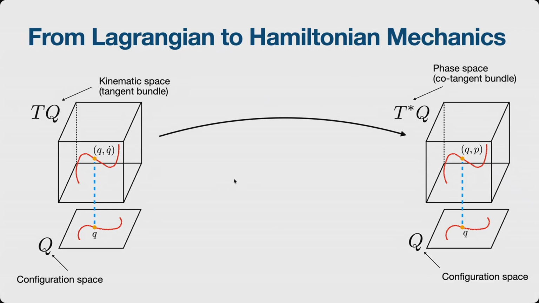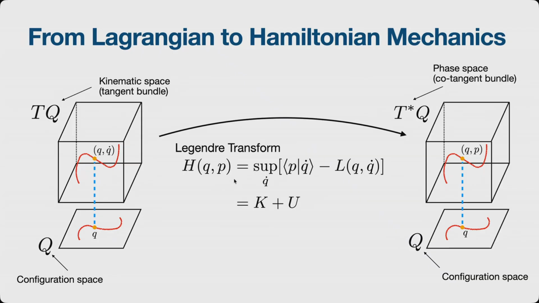We're going to denote the momentum as P. So the Lagrangian is a function on the tangent bundle, and using the Legendre transform, we can transform the Lagrangian into an energy on the cotangent bundle. This is what we call a Hamiltonian. You can see that it equals K plus U, while in the Lagrangian picture, the Lagrangian equals K minus U. We also call this cotangent bundle the phase space.